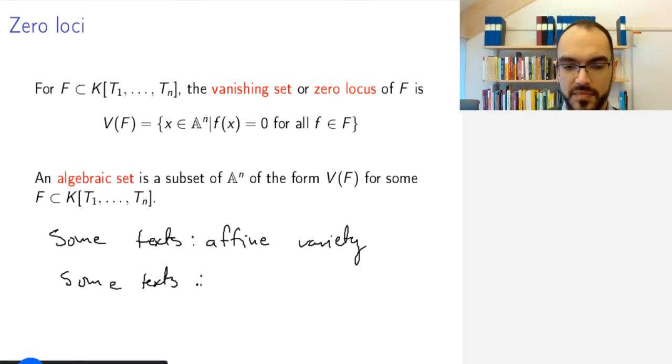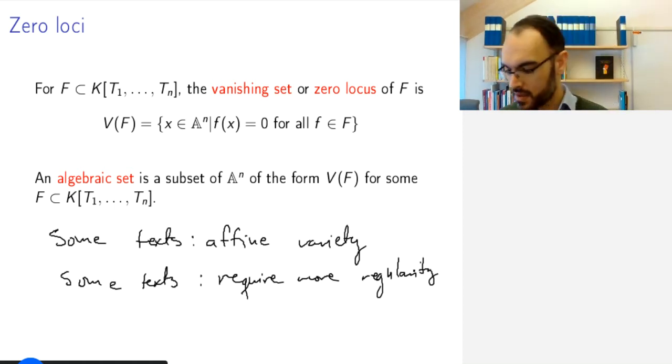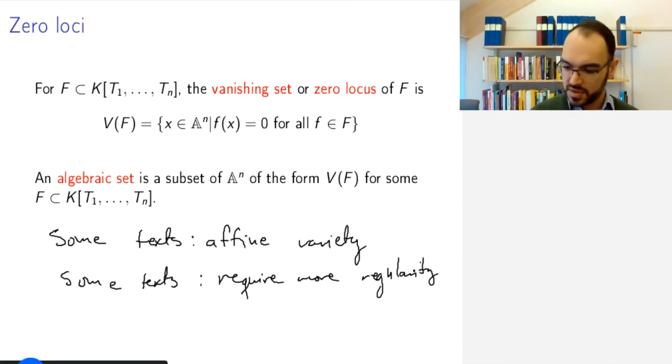And so in some texts, you require more regularity. So you require something more. You do not take the vanishing set of just about any crazy collection of polynomials.